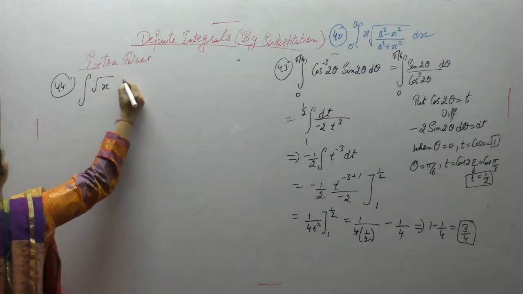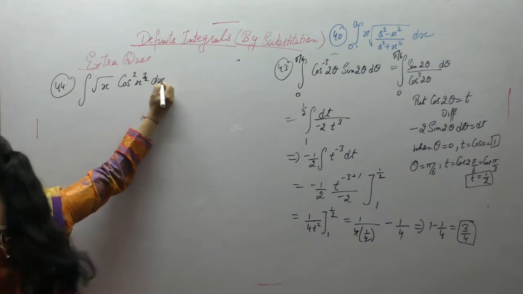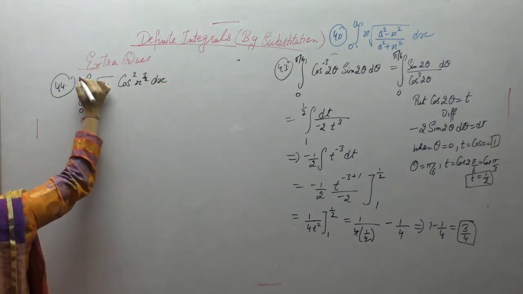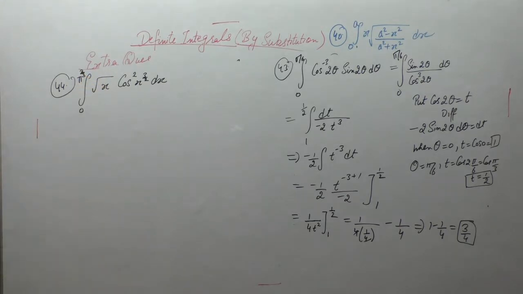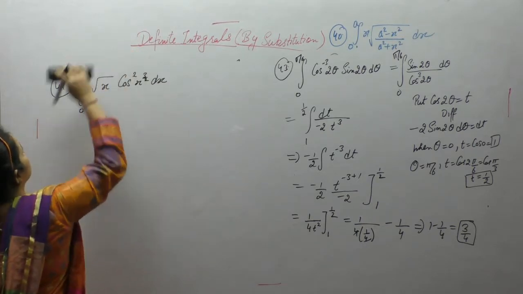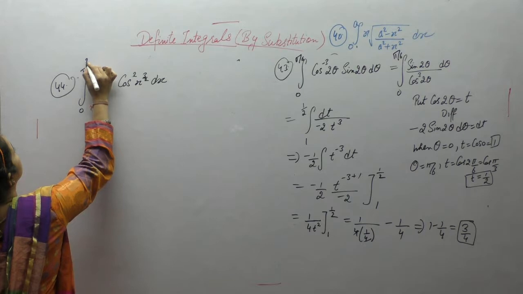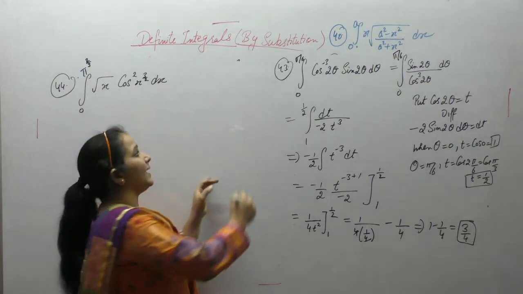Integral of square root of x cos square x power 3 by 2. Limit goes to 0 to pi power 2 by 3. Now we have the derivative of x power 3 by 2 here.